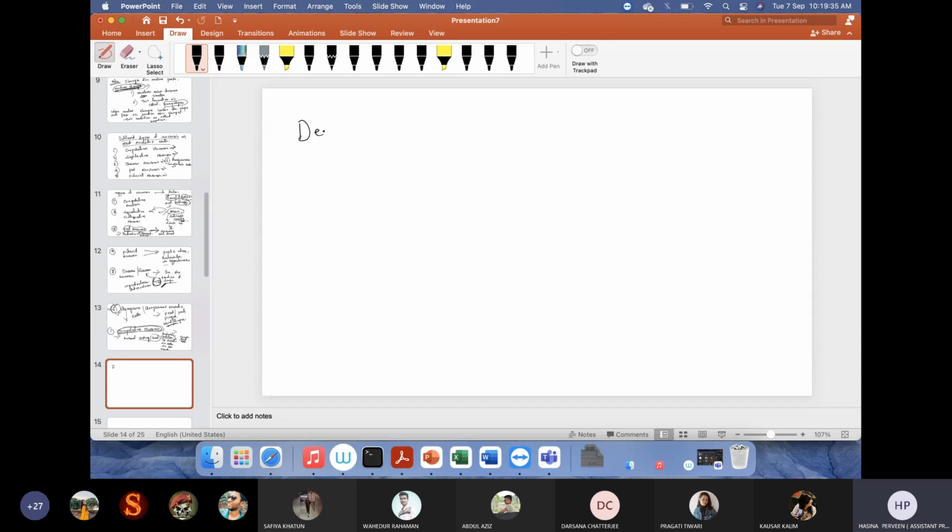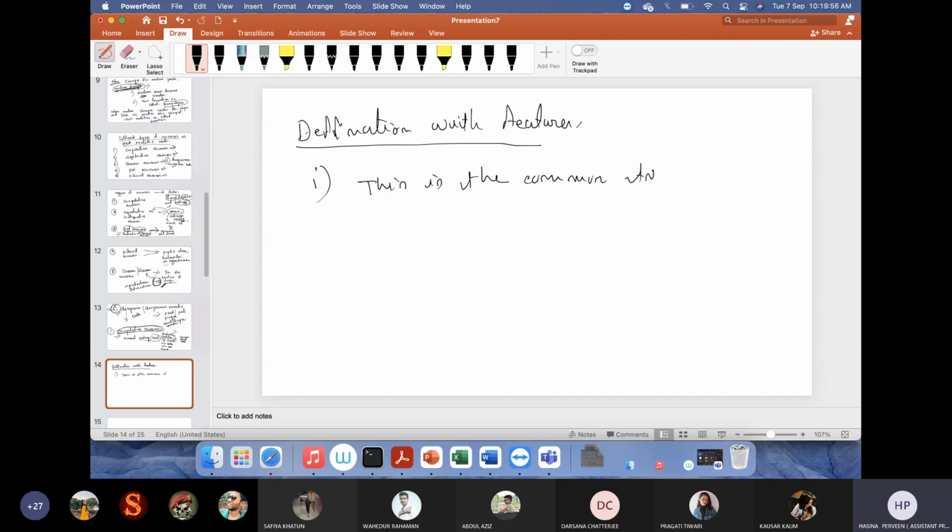Definition with features. Number 1, this is the common type due to ischemic condition, that means oxygen supply.